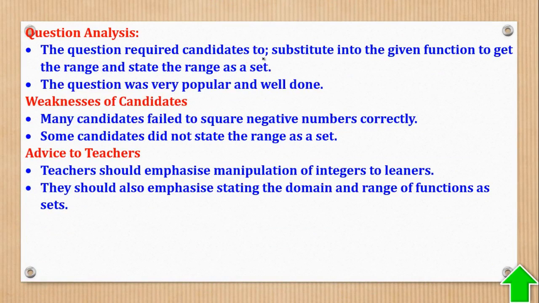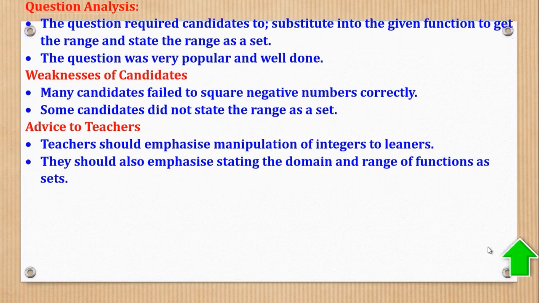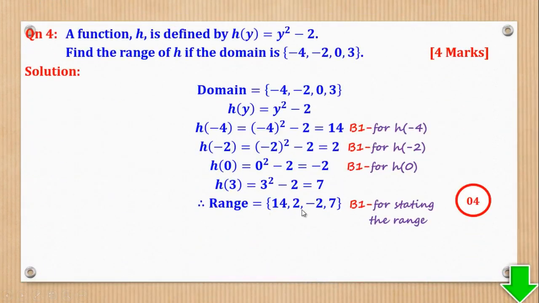So the question required candidates to substitute into the given function to get the range and state the range as a set. Note this word, as a set. So this last statement was vital. If you don't write it, then 1 mark will have gone.